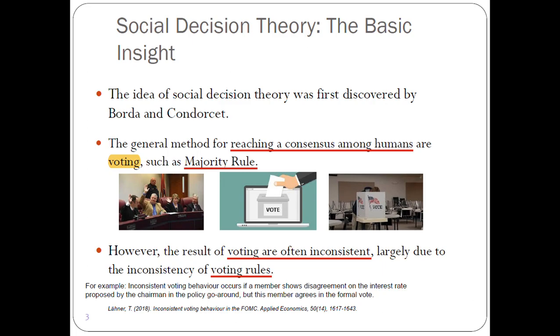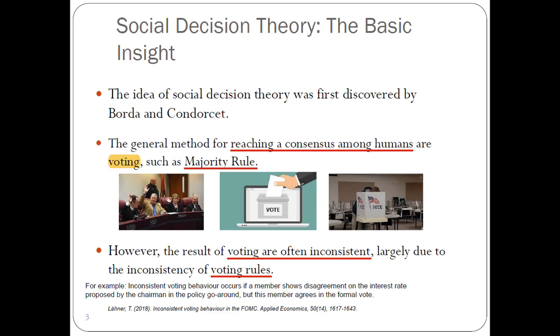Okay, social decision theory, the basic insight. The idea of social decision theory was first discovered by Borda and Condorcet. Okay, the general method for reaching a consensus among humans are voting, such as majority rules. Okay, macam kita tahulah, nak buat pilihan kadang-kadang kena mengundi.